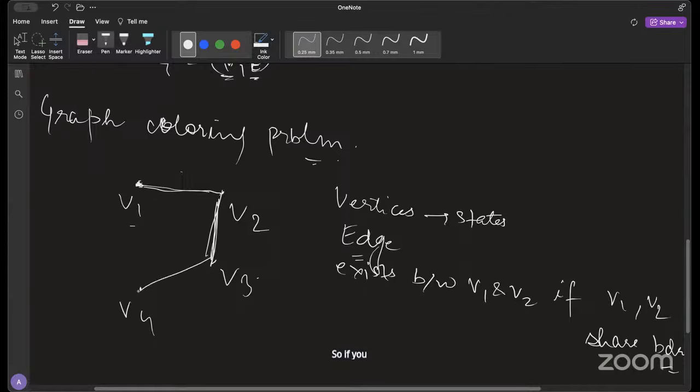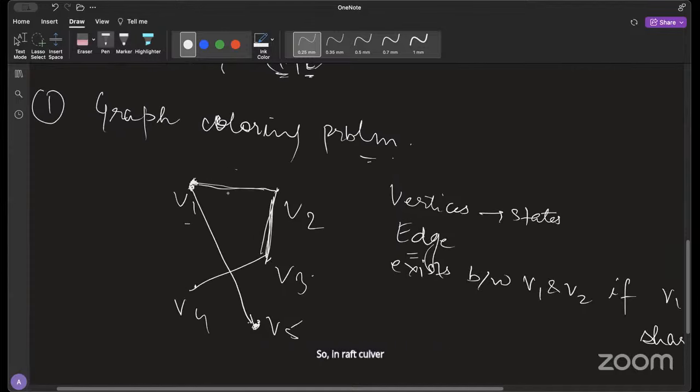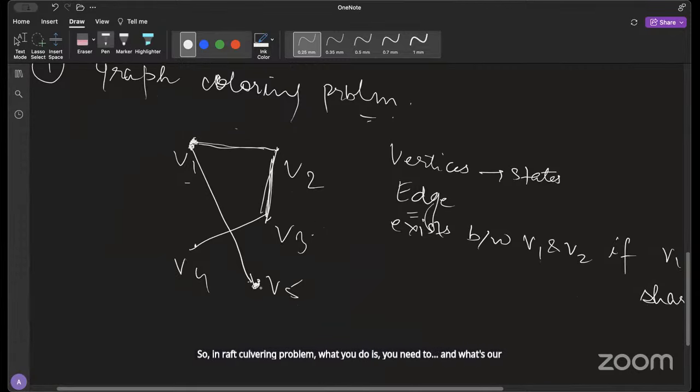So if you see things like this, that means these two share a boundary, these two don't. I hope you understood the graph, right? So in the graph coloring problem, what's our problem? We need to color each state, but make sure that no two states that share a boundary are colored with the same color.